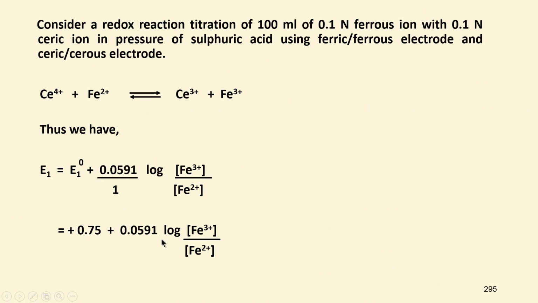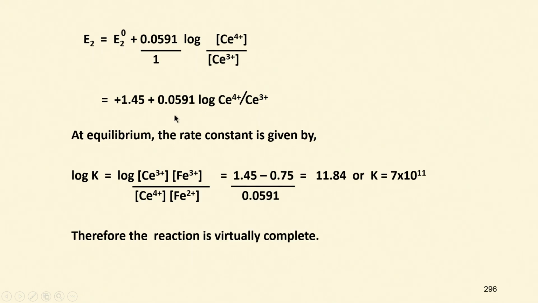And another cell reaction is ceric cerous, and here also it is oxidant divided by reductant and E2 naught, and the standard reduction potential for ceric cerous is 1.45 and this is 0.0591 and divided by 1 only because it is a single electron transfer reaction.